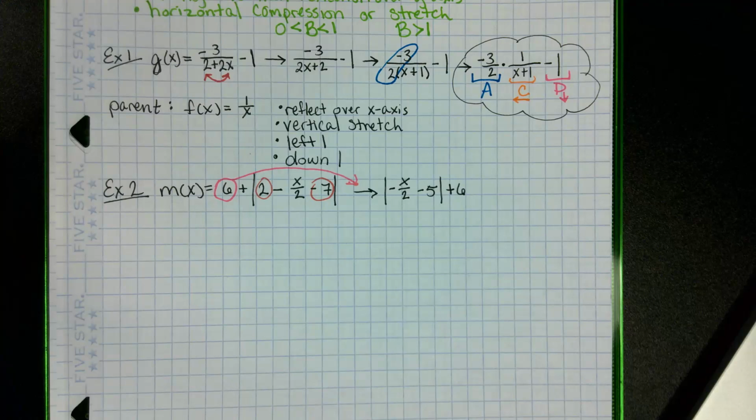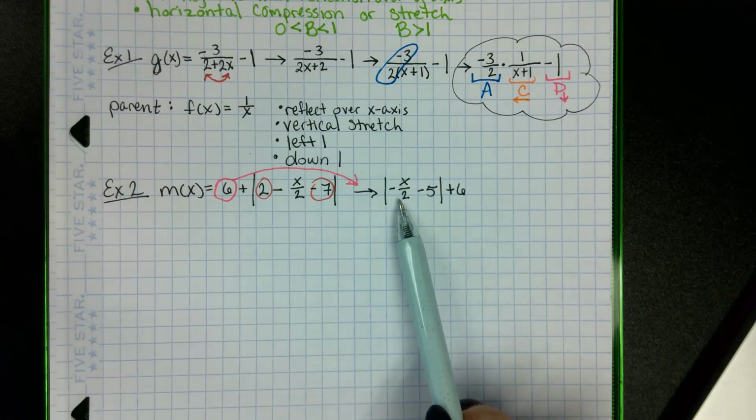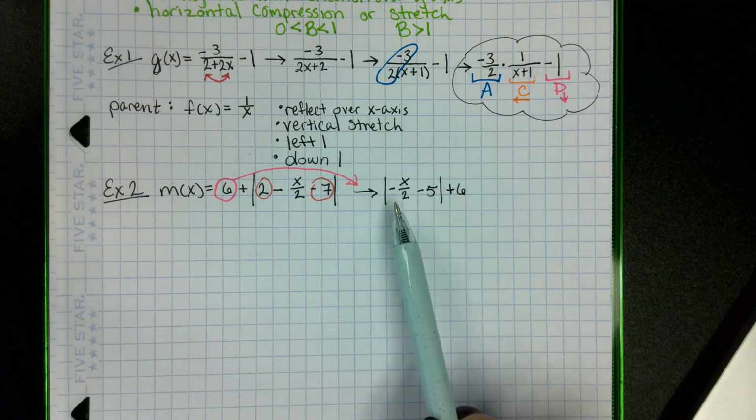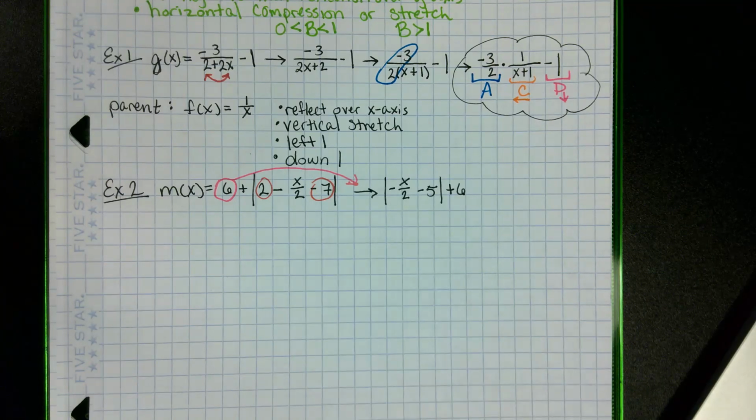Okay, so we're close to standard transformation form, but again, we don't have a singular positive x. We have negative x over 2. So if we want that just to be a positive 1x, we need to bring the negative 1/2 outside.